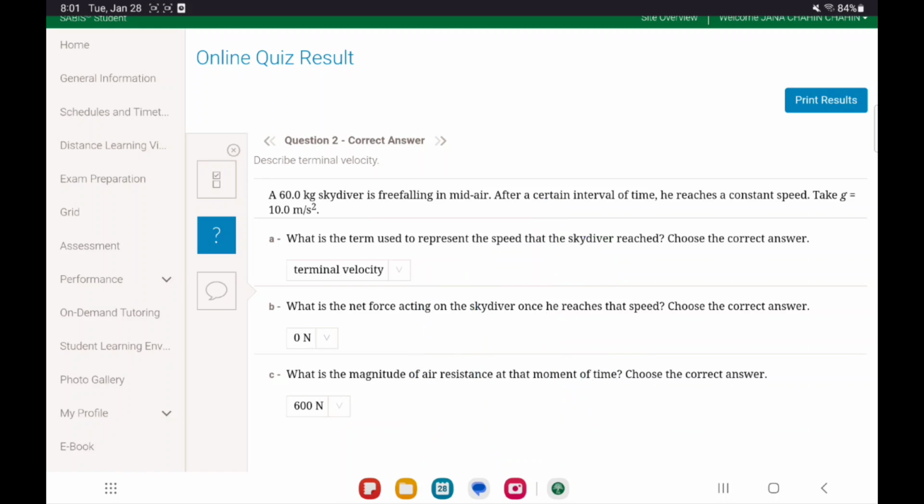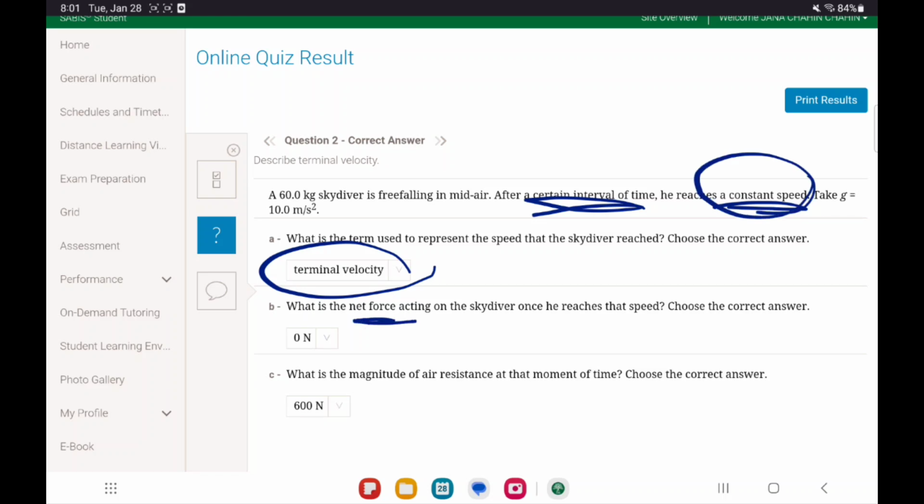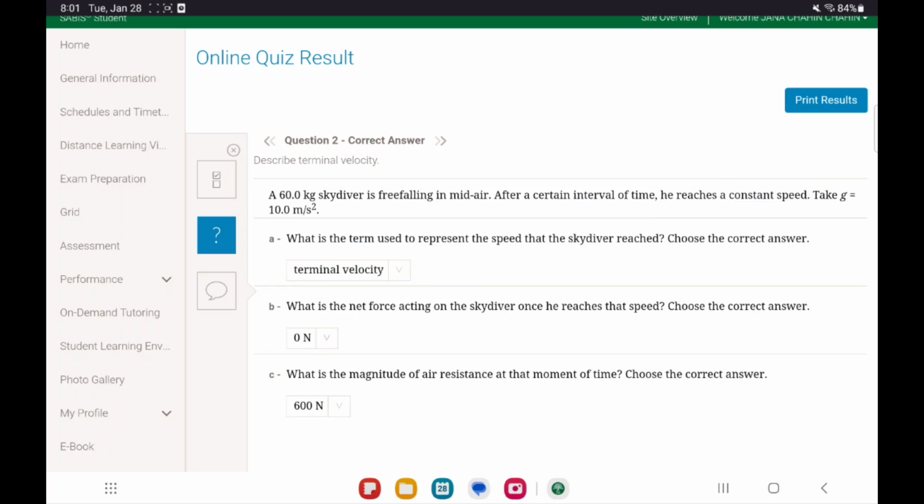So here they're telling us after a certain interval of time he reached a constant speed. What does that mean? That means it's terminal velocity. What is the net force acting on him? When they say constant speed, it means 0 newtons. That's the net force. Now we want to find the magnitude of air resistance at that moment. As we know, air resistance was equal to the weight at that moment.